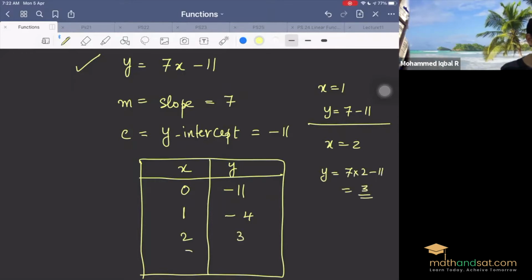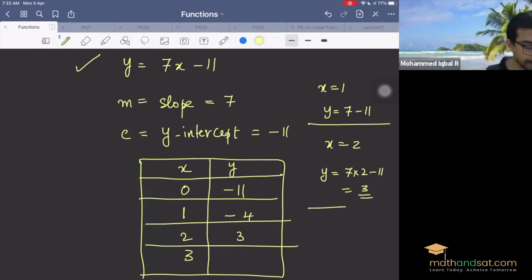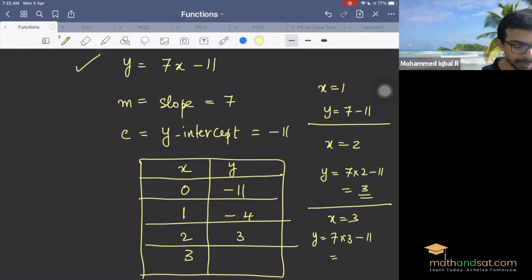Now, if I put x is equal to 3, your y value will be 7 times 3 minus 11, which is 10.